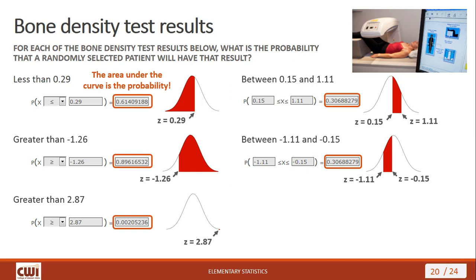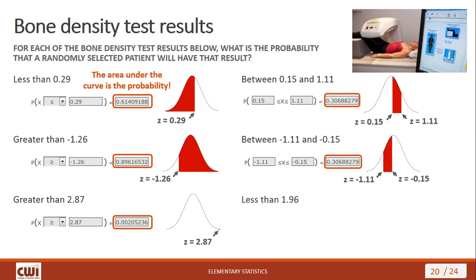Notice that we have the same value that we did previously. That's because we have a mirror image of our z-scores. Here we took between two z-scores that were positive. Here are the same z-scores, but they're negative. So the area in between is going to be the same because the standard normal distribution is symmetric about the mean.